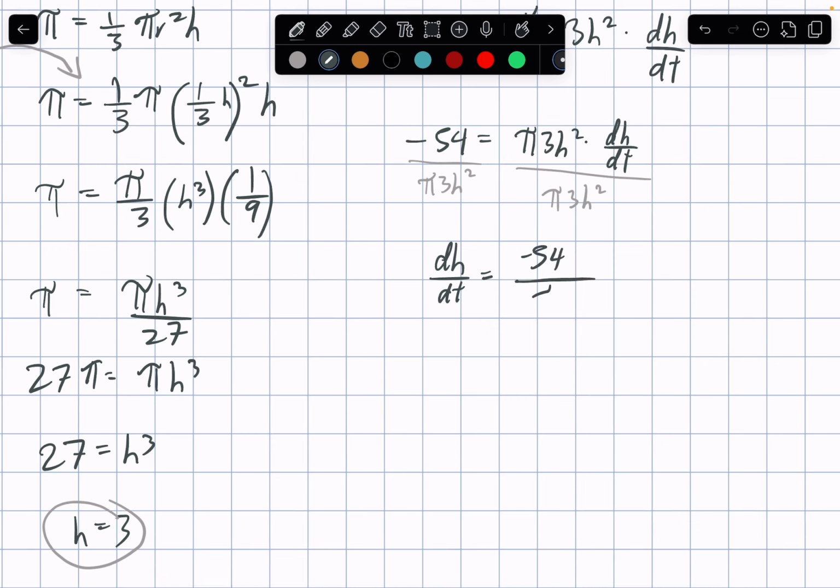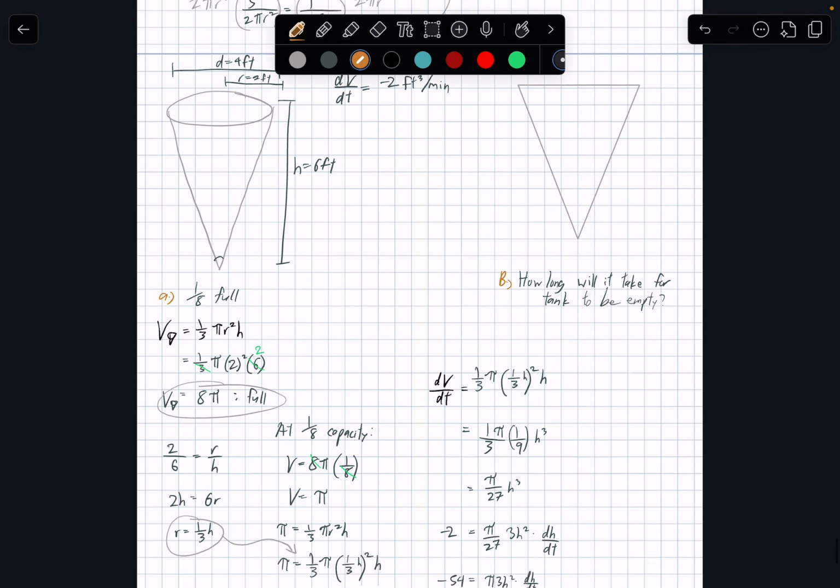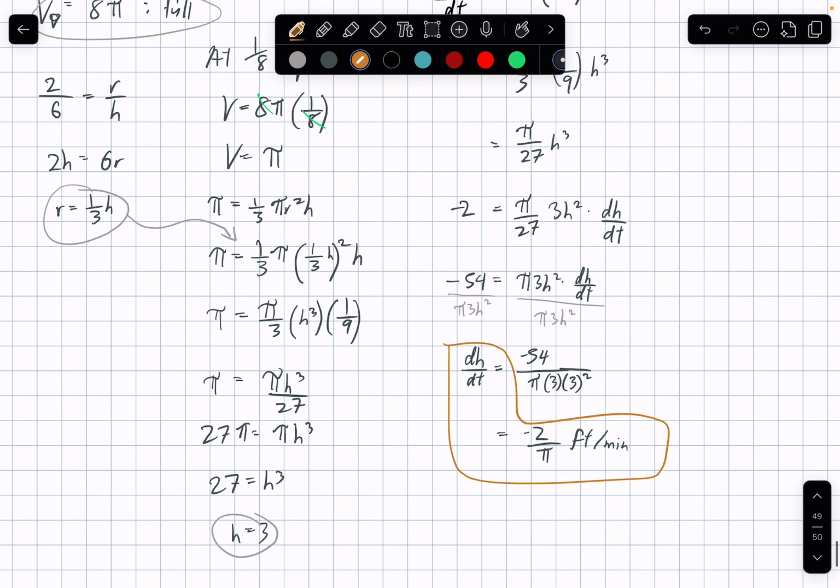So negative 54 over pi times 3 raised to 2. 27, negative 2 over pi. That is our answer, feet per minute. Okay? So that's how fast the water level changes. We only answered letter A.